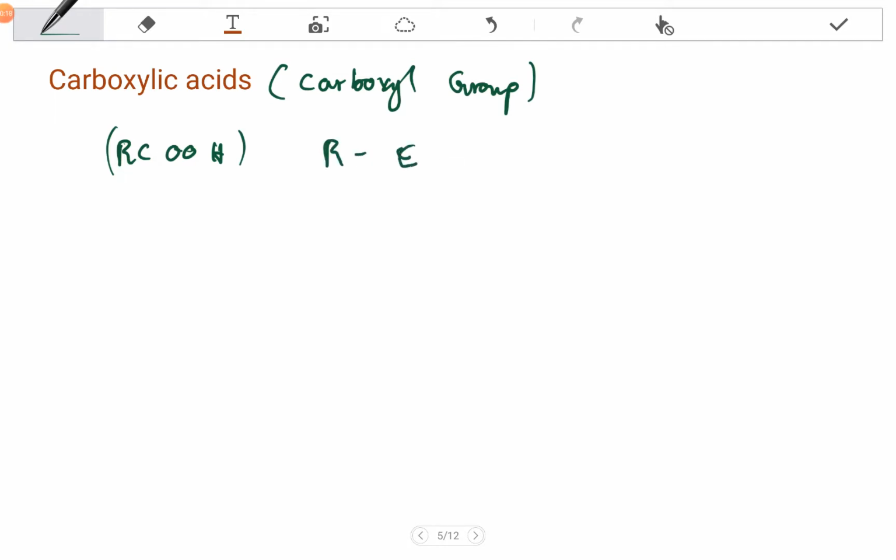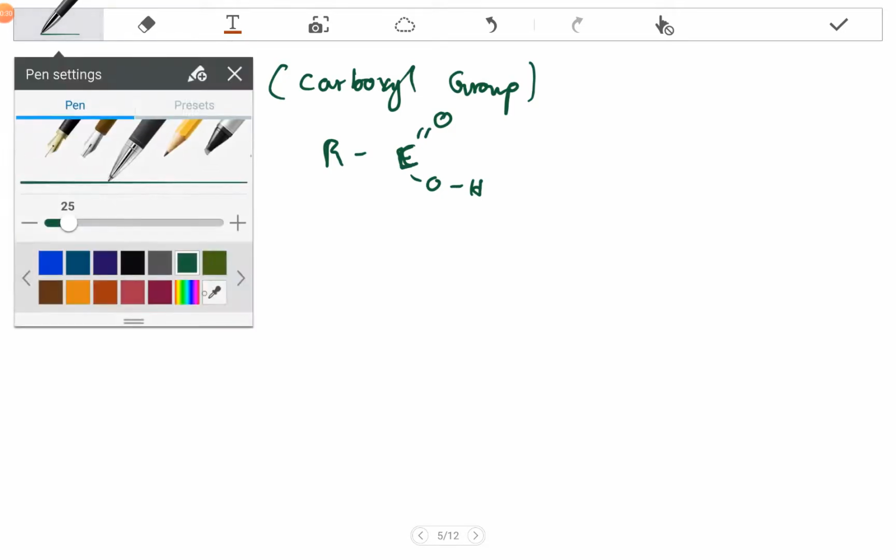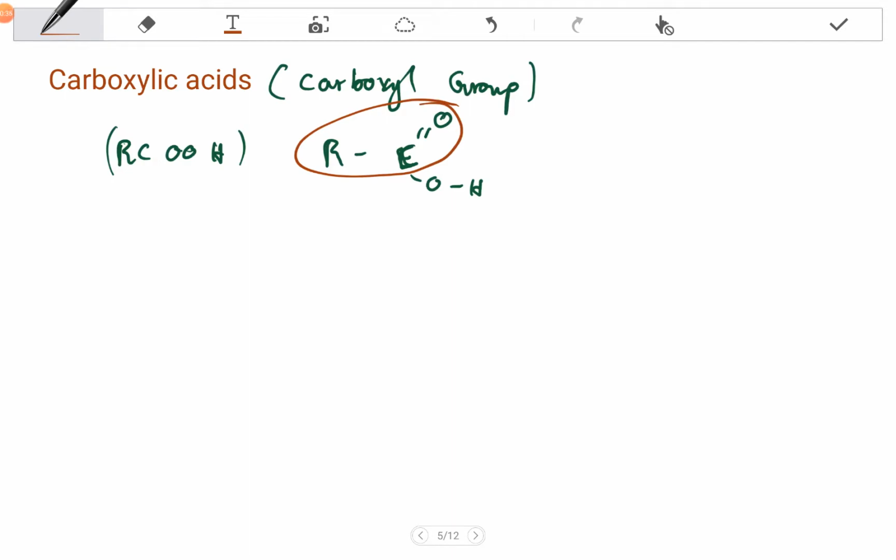This is the structure, and the way we represent it when we draw it is R, and we draw C here, and we have a double bond on this side, and a single bond on this side. If you take this, what is the name of that functional group? That one is the carbonyl functional group, from the aldehydes and the ketones.